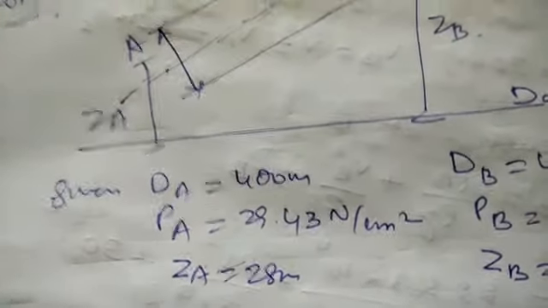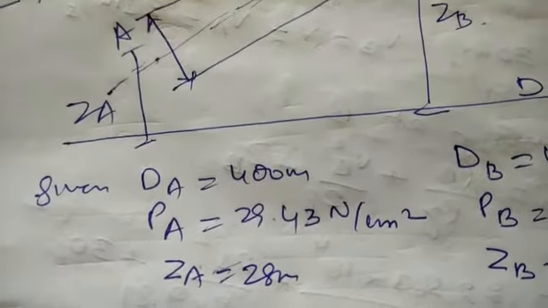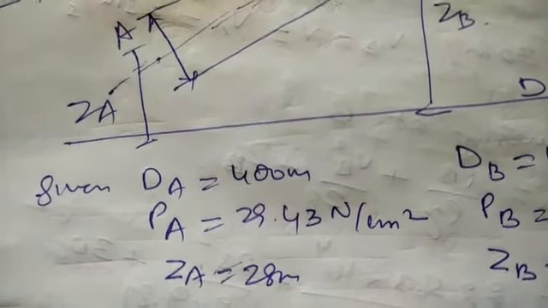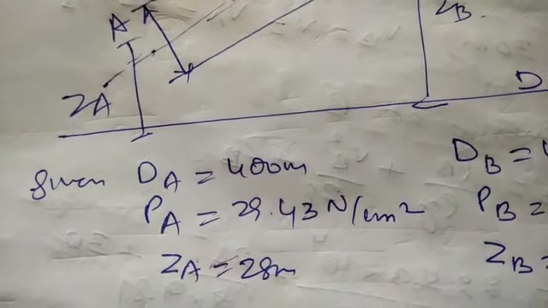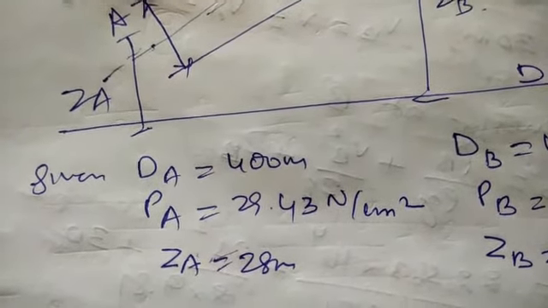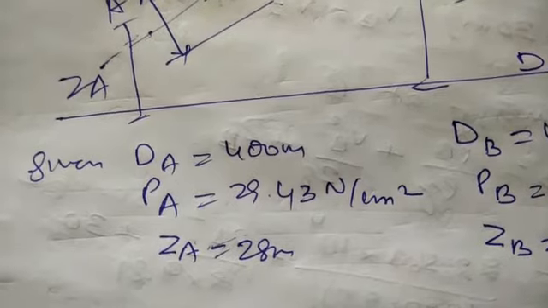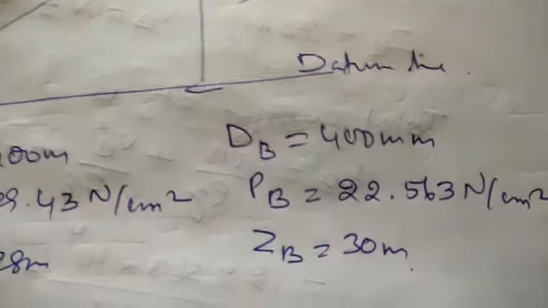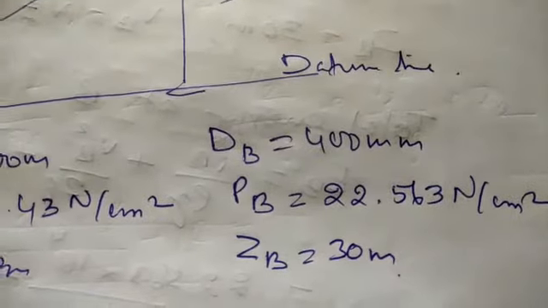So now let us write down the given. Diameter of section A is 400 mm. PA is equal to 29.43 Newton per centimeter square, ZA is equal to 28 m. Similarly, DB is equal to 400 mm.